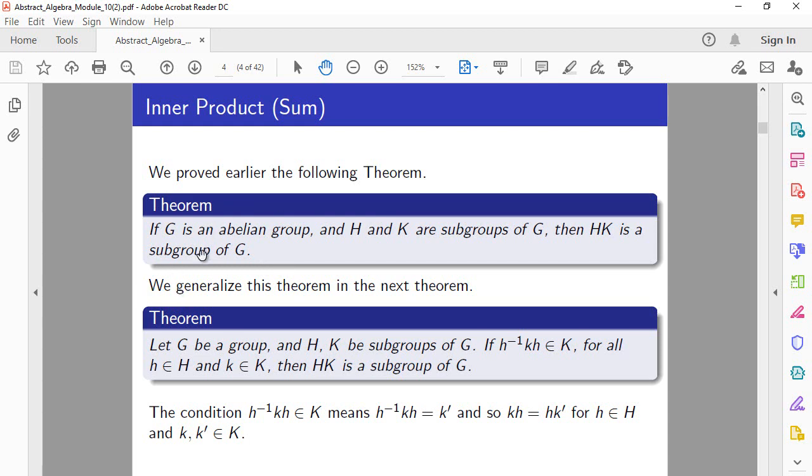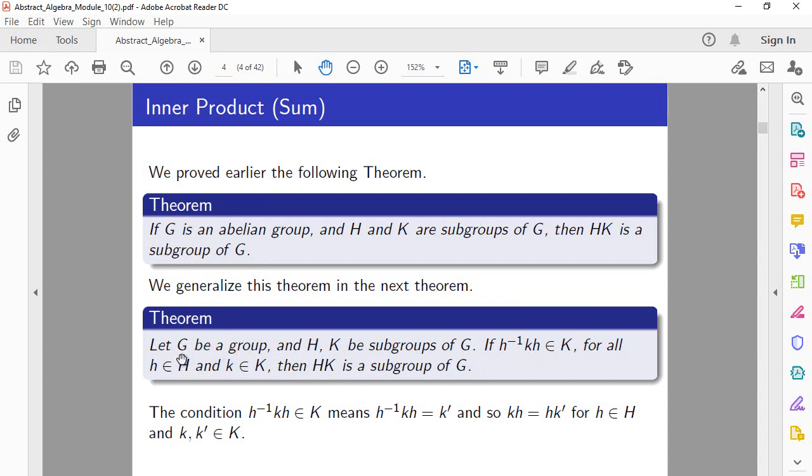We're going to generalize this theorem here. So here we're giving another condition for HK to be a subgroup of G. Here we're not requiring G to be an abelian group.